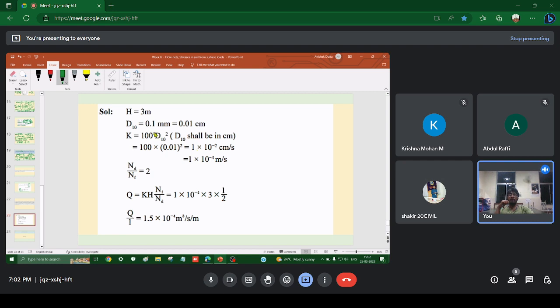So using this formula, k equals 100 into effective size whole square, you can find out the value of k. Now nd by nf you had equals 2, nf by nd will be half, h is 3 meter given. So in this formula, q equals k h nf by nd, you can find out the value of q. Only the k was not given over here, that you have to find out.